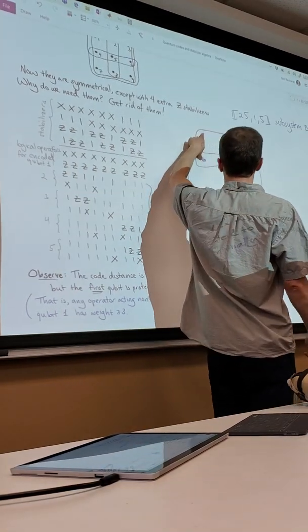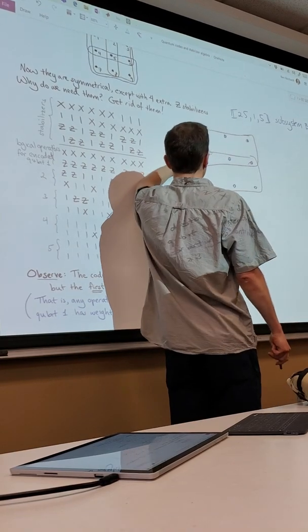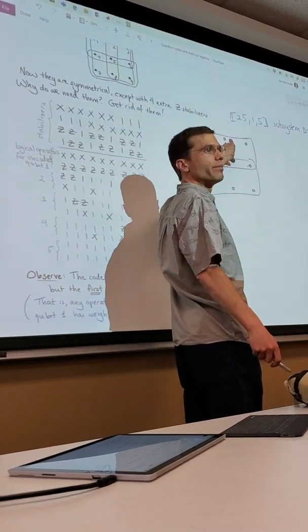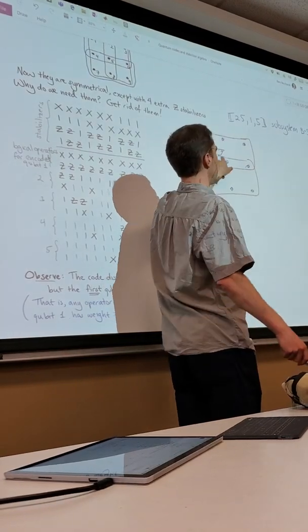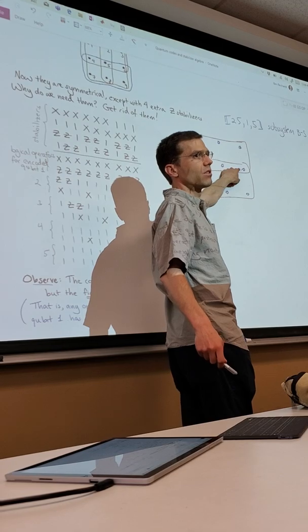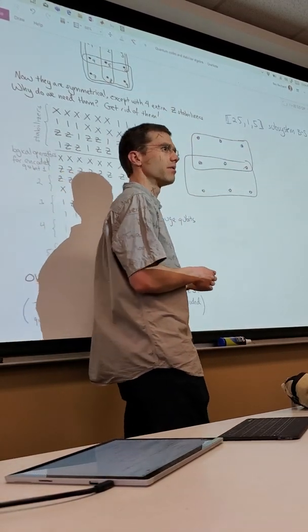So I measure 1, 4, 2, 5, 3, 6. Those are all logical operators. Once I measure those operators, the product of those measurement outcomes gives you 1, 2, 3, 4, 5, 6, or the sum mod 2. The product if they're plus or minus 1, or the sum if they're 0, 1.